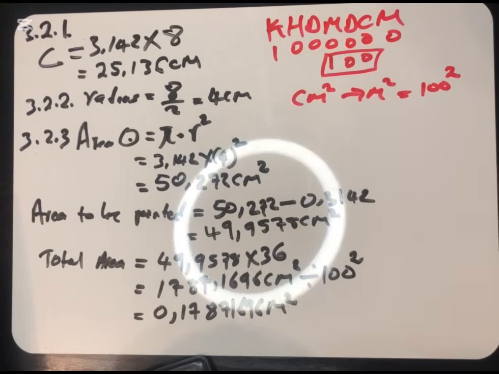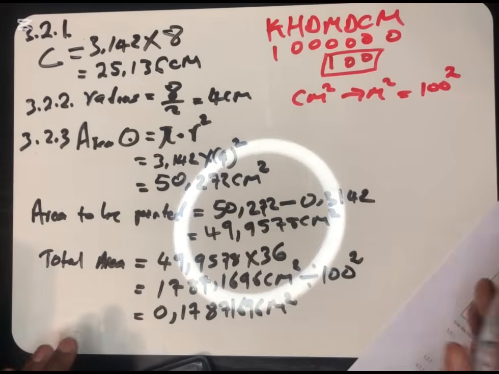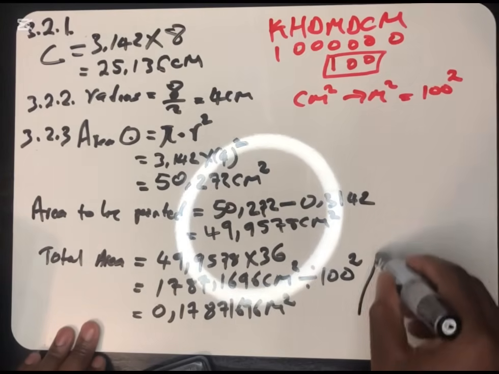And the claim says that she has decided to buy 50 milliliters. We have to prove if this 50 milliliters will be able to cover 0.17871696 meters squared. So how do we deal with that?